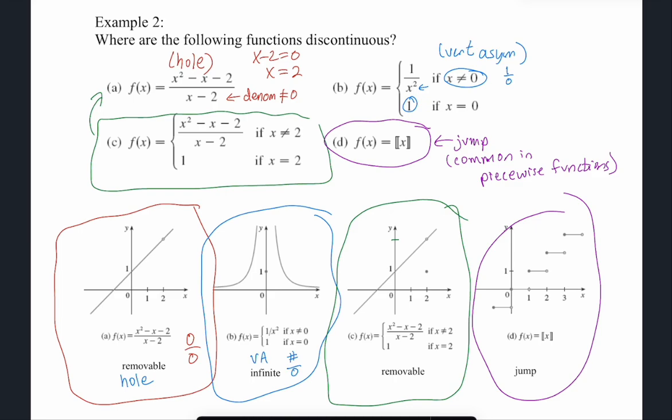So vertical asymptote, look for a number over zero mathematically, a hole is 0 over 0. A piecewise function, are the borders lining up? Those are the most common things. So we'll explore those more as we go through the process.